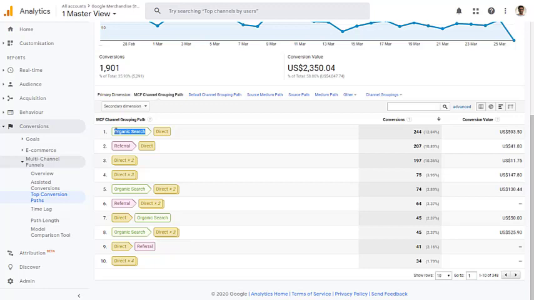First time I found Samsung.com via Google search. Then I remembered, okay, Samsung also sells products on Samsung.com. So next day I just directly go to Samsung.com. I never go to Google and then Samsung.com. Now we are saying here that on the first day it was organic search, the next day direct.